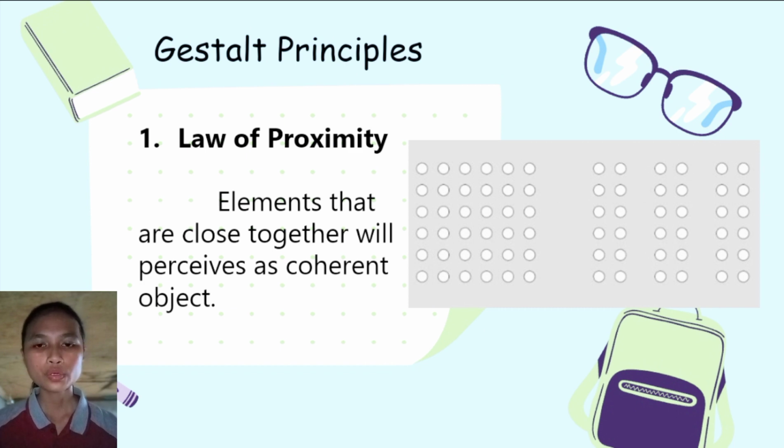In that example, on the left side, it appears that there is one group because the dots are close together. While on the right side, we can perceive that there are three different groups.